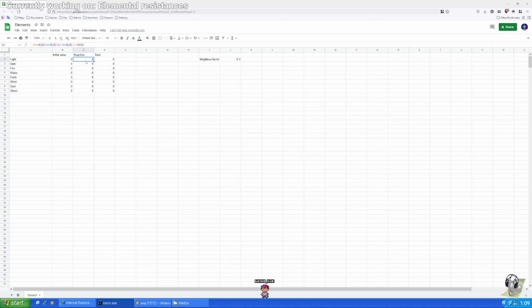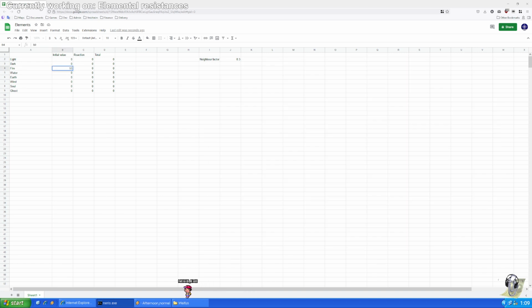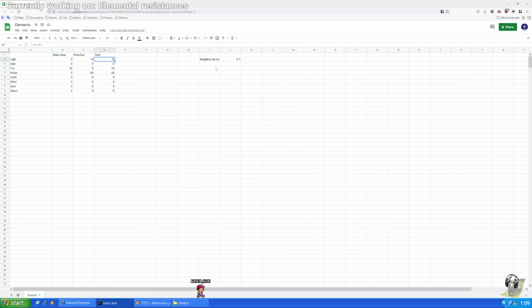Now I have the light. So now if I increase fire by 50, it's gonna increase light by 15. Okay, for now, to make the test a little bit easier, I'm gonna set it to 0.5.